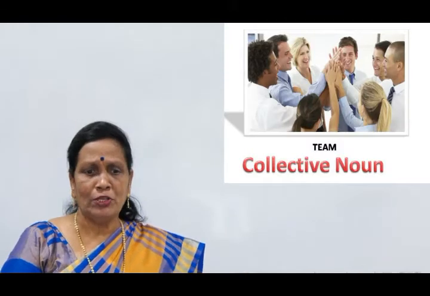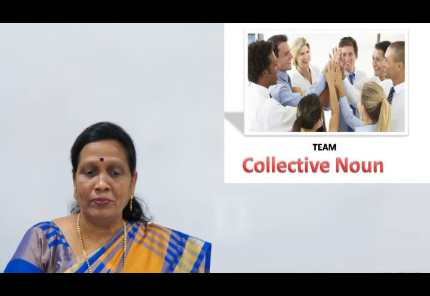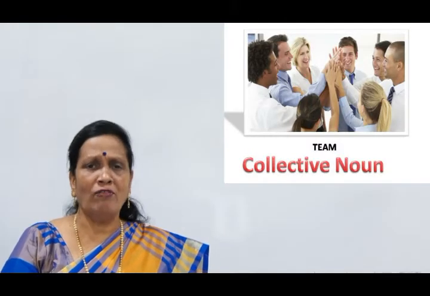Now children, let's move on to another type of noun. What do you see in this picture? You see a team, a group of people. You have heard about a team.